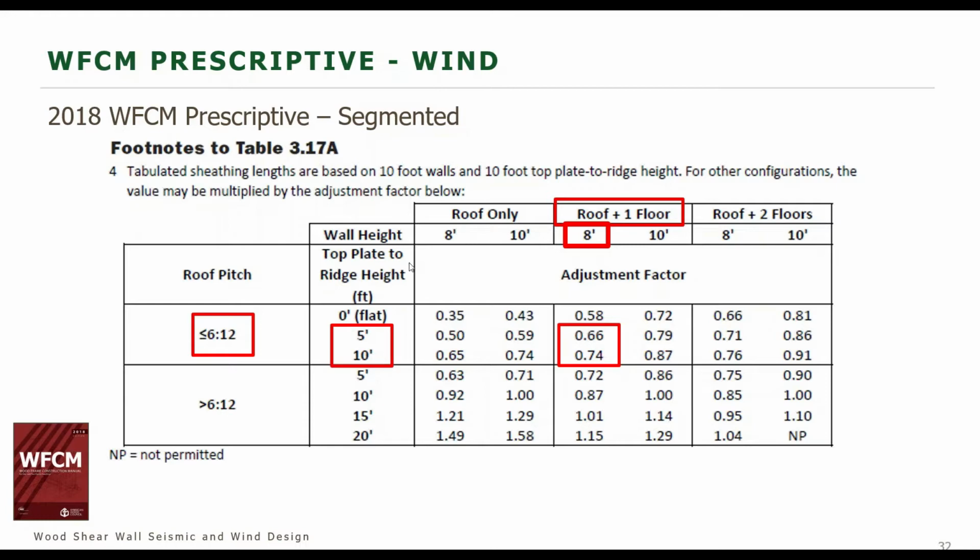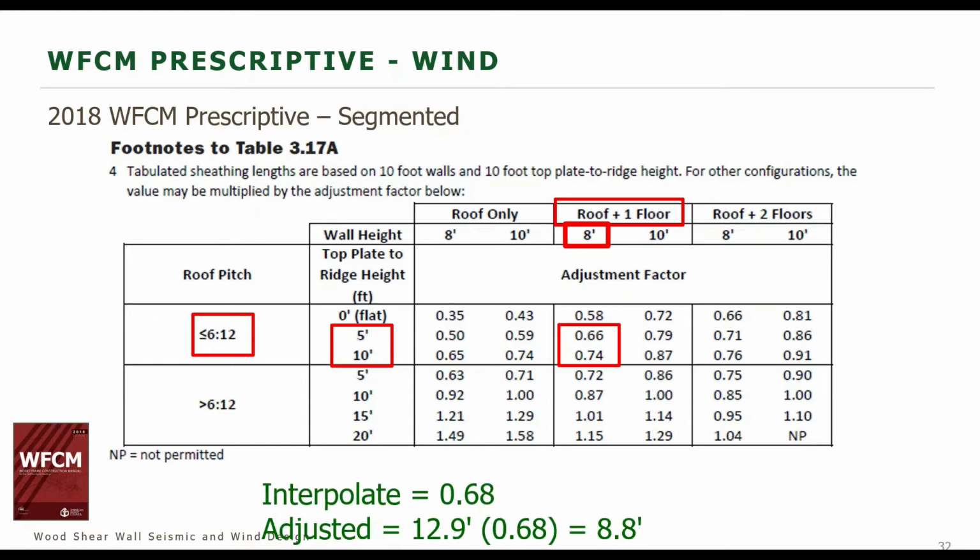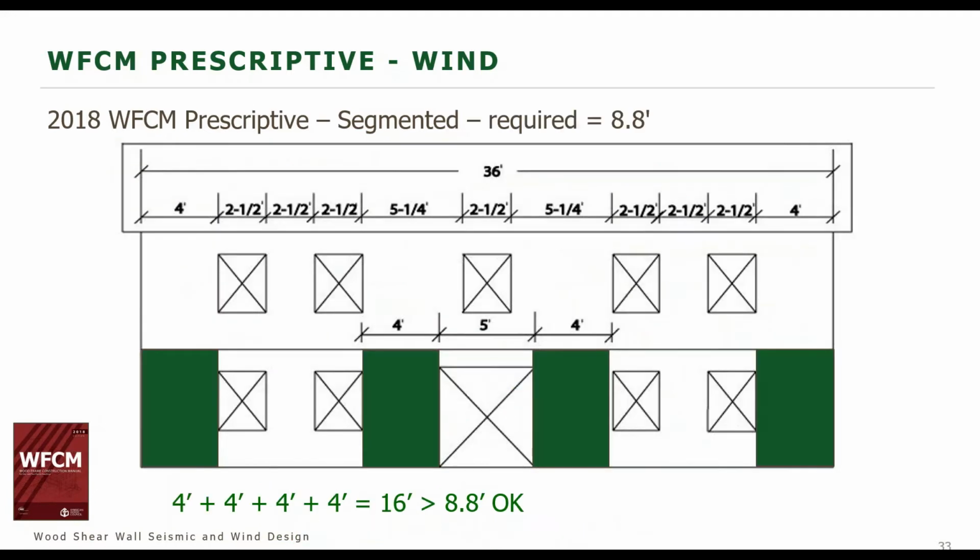And also we had a shorter top plate to ridge height. Ours was only 6.25 feet. So doing a double interpolation there, we are able to adjust that 12.9 feet down to 8.8 feet. So that's the length of full height sheathing we need for our wall design.